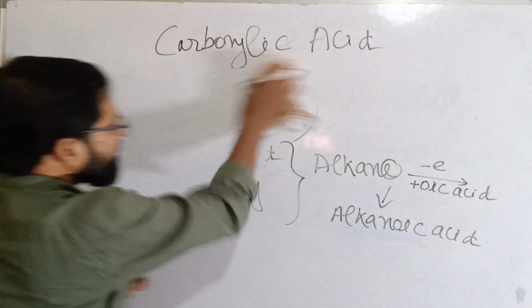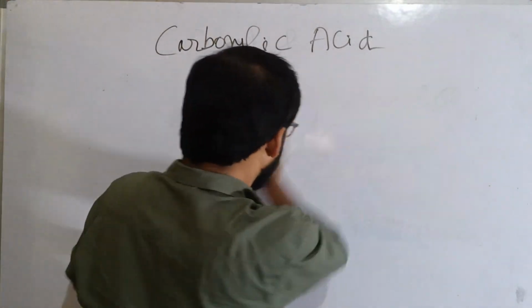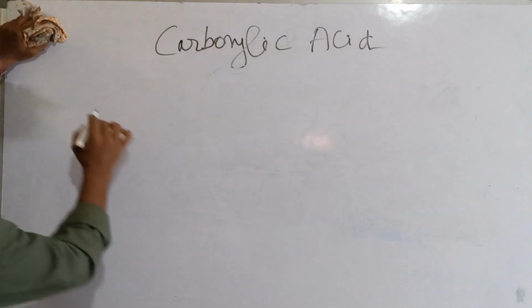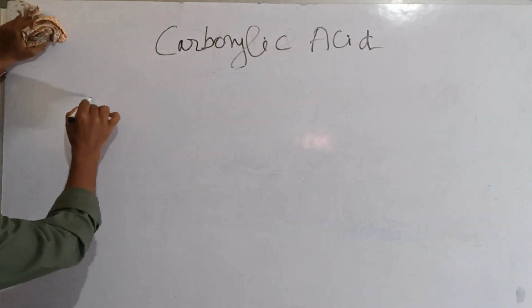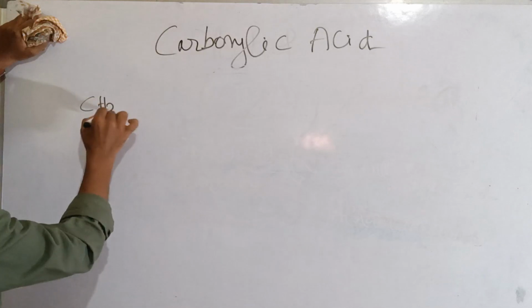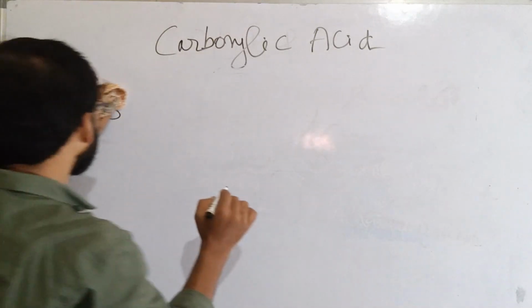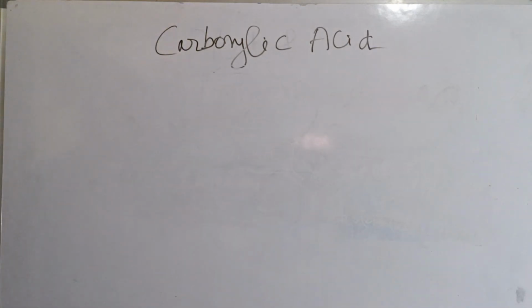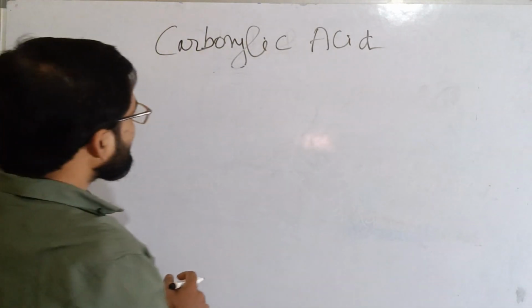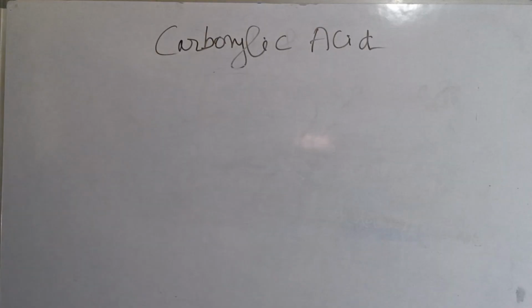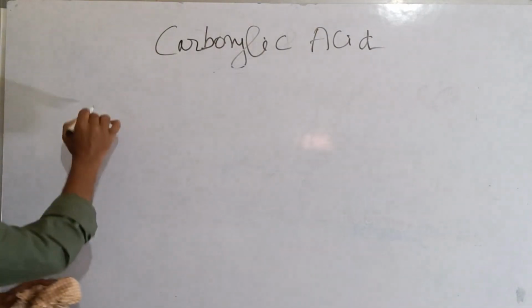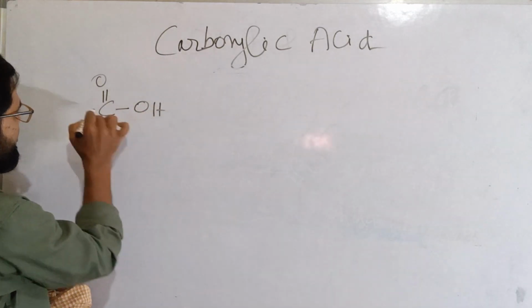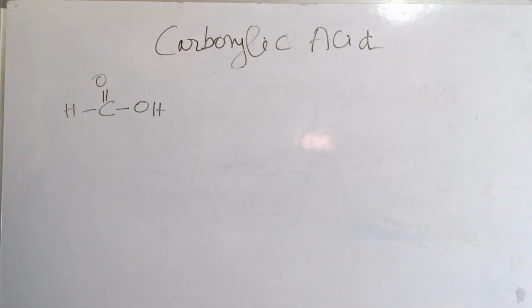Let's see one by one example. CH3... if we take the simplest thing, that is basically COOH, here H. What will be the name?